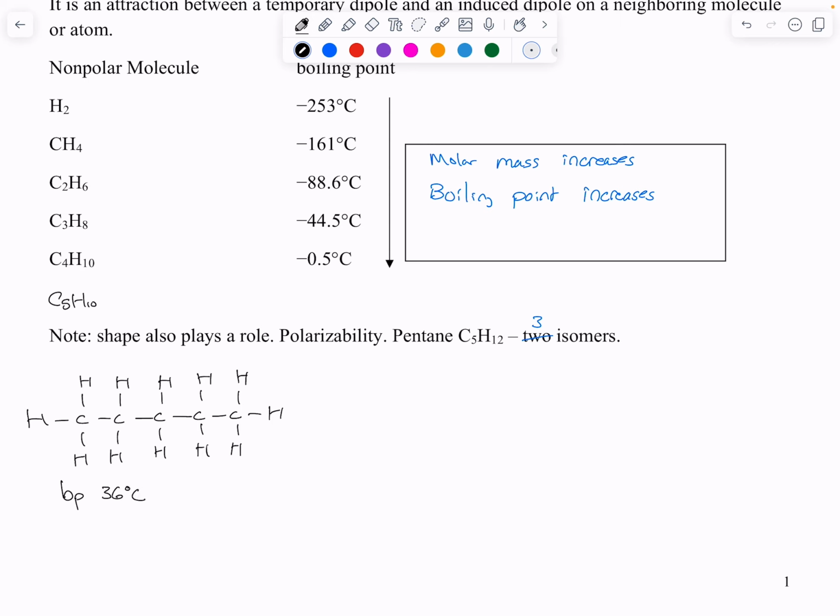There are two more ways I could do this. I could take the end and move it to that carbon and swap the H, so I would have 1, 2, 3, 4, and then down here a C with the H's.